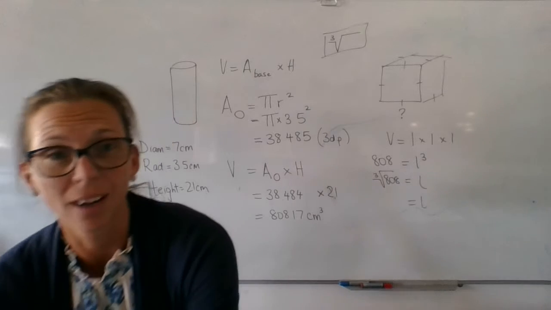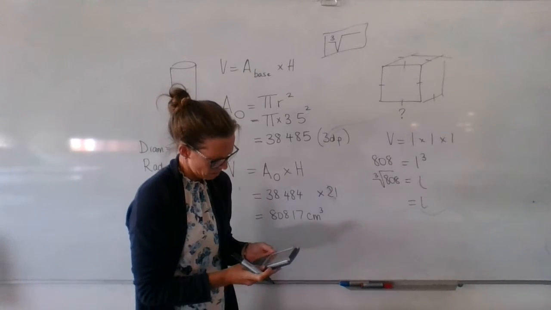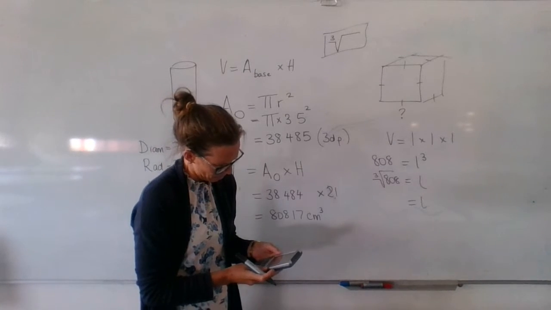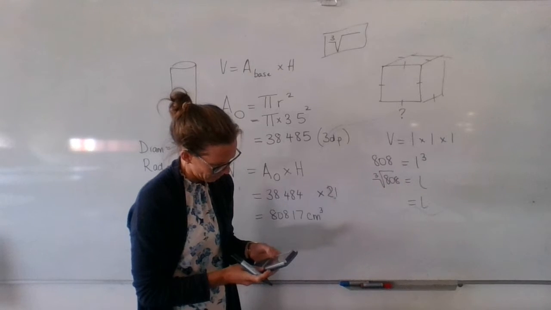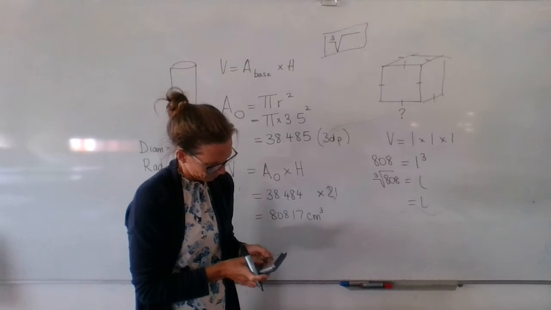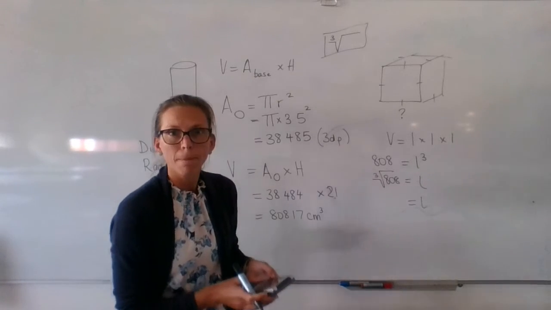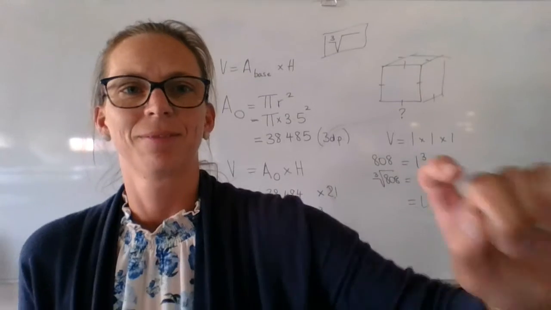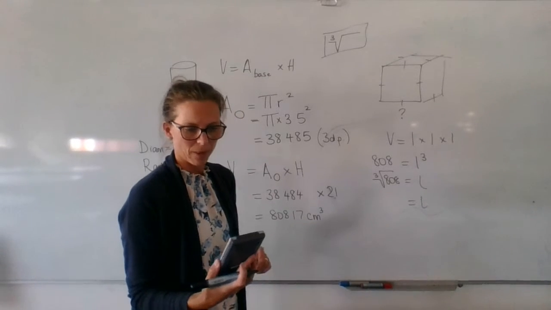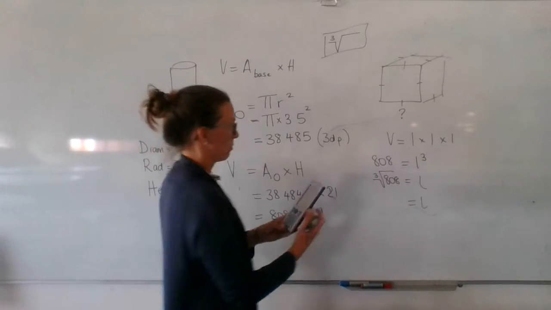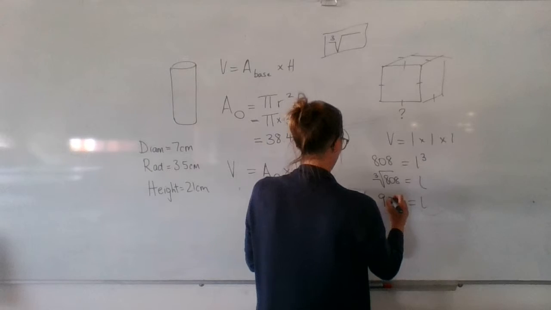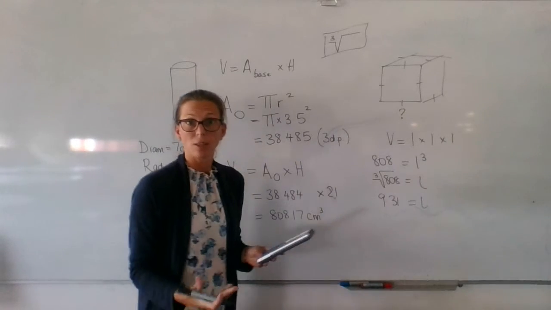I need to use my calculator because that's not something I can figure out in my head. Bear with me because I'm on a different calculator than usual. If I find the cube root of it, I get 9.31 to 2 decimal places.